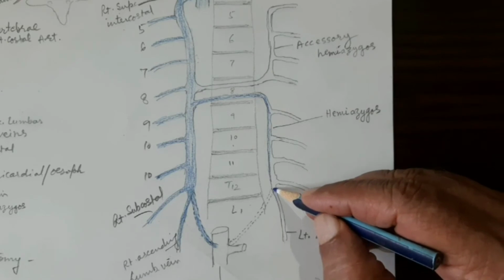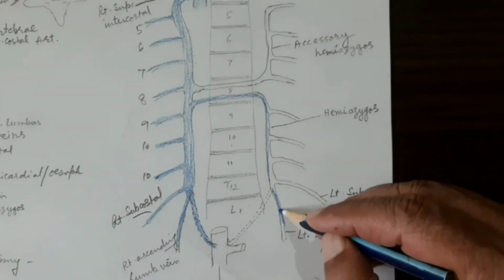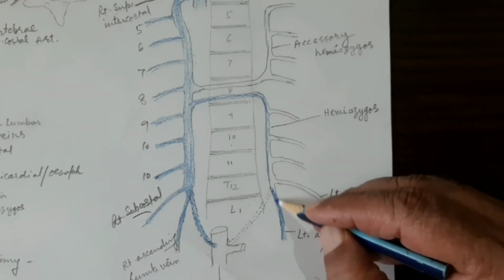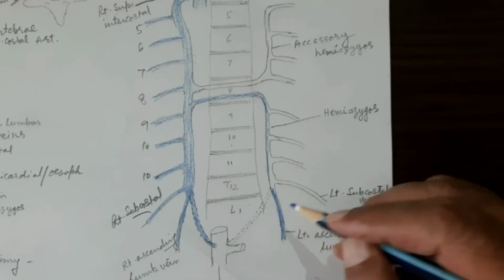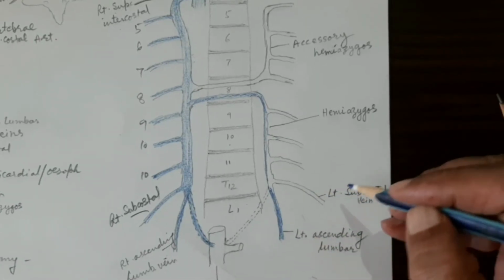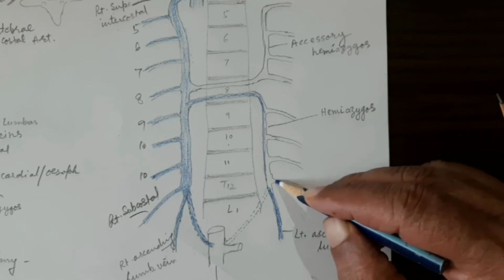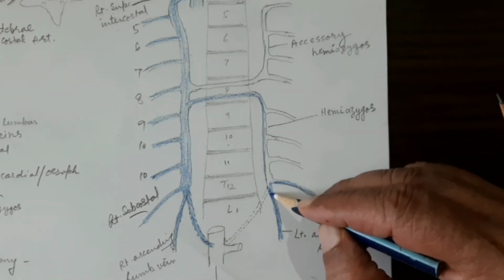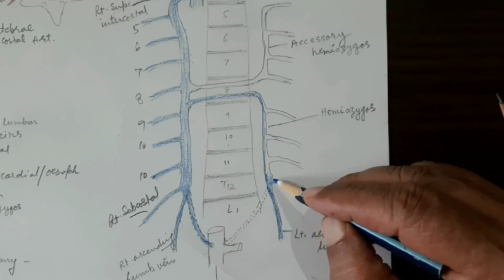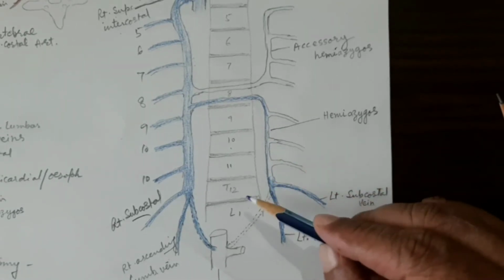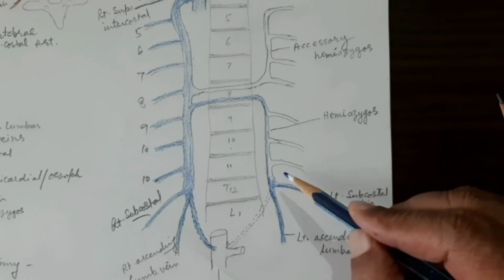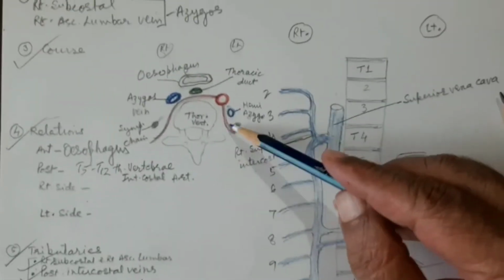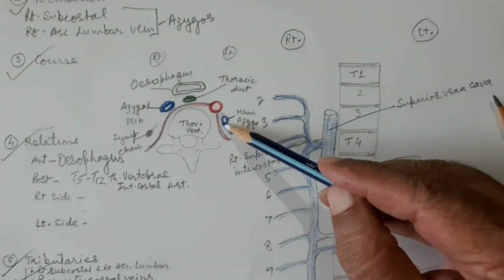It is formed by the left ascending lumbar vein, on the left side near L1, and the left subcostal vein. They unite to form the hemiazygos vein, which will lie on the left side of the vertebral column. See in this transverse diagram, this is the hemiazygos.